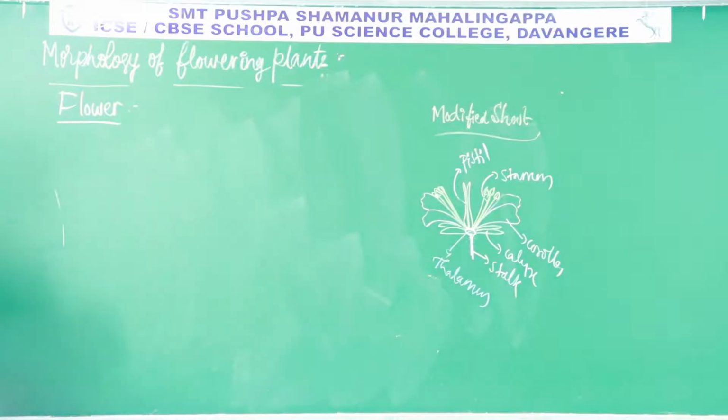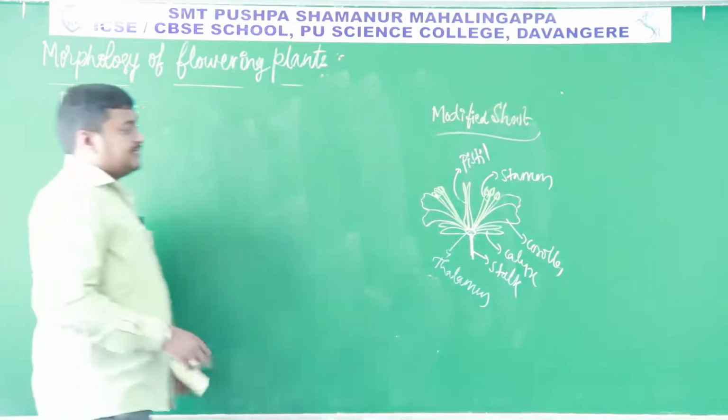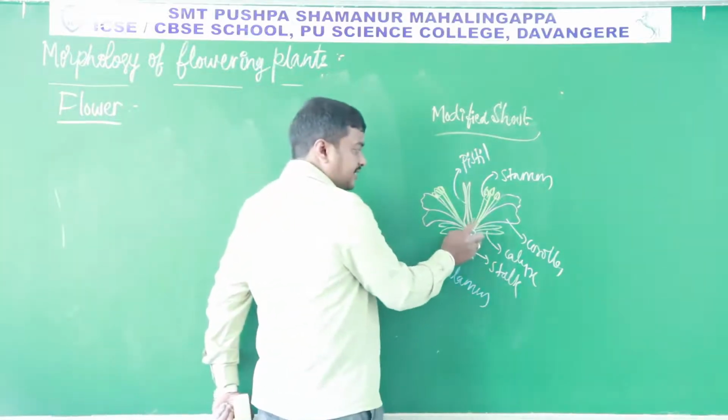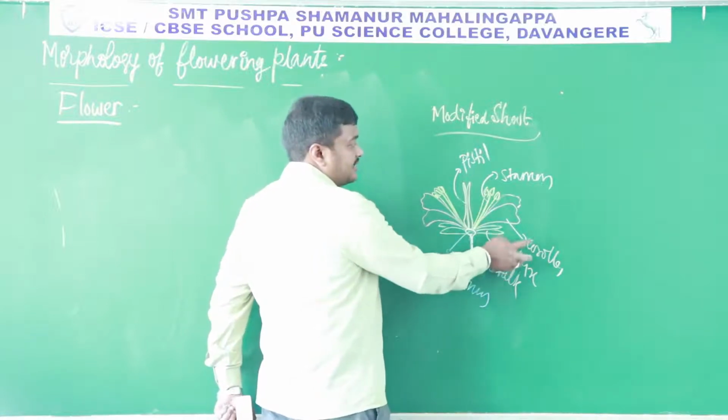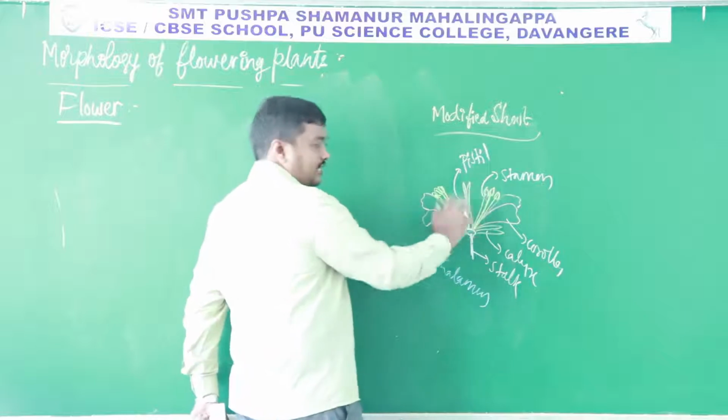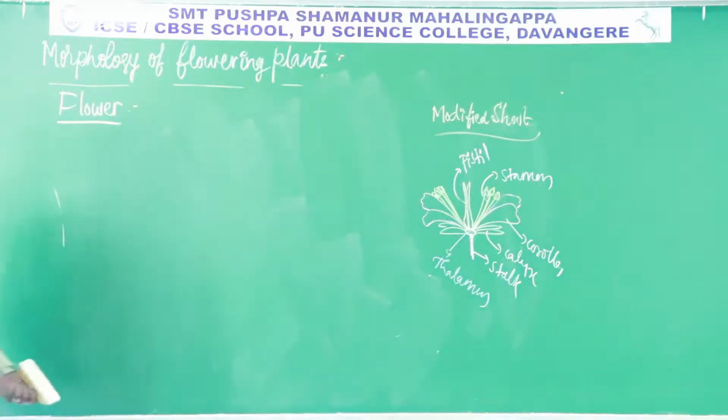So the stalk of flower is slightly swollen at the tip. On this thalamus floral appendages like calyx, corolla, androecium, the pistil and the stamens are going to be produced. Okay, so this is about the flower.